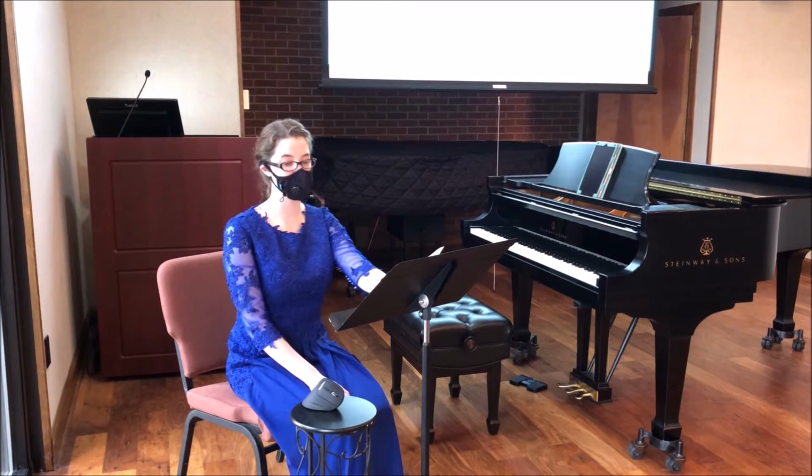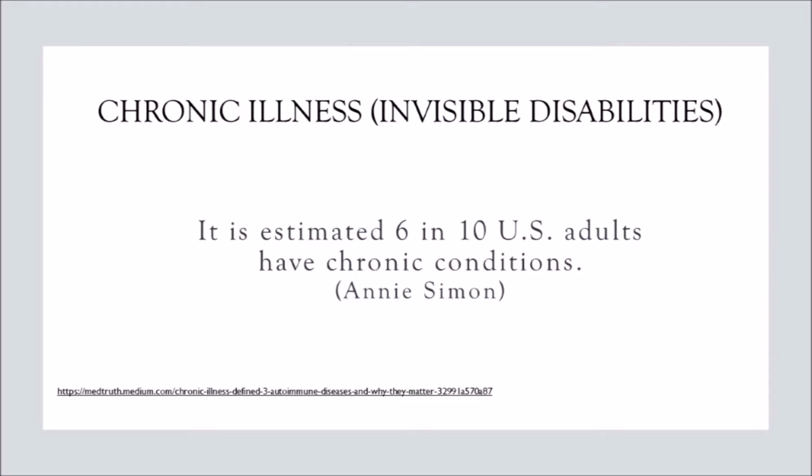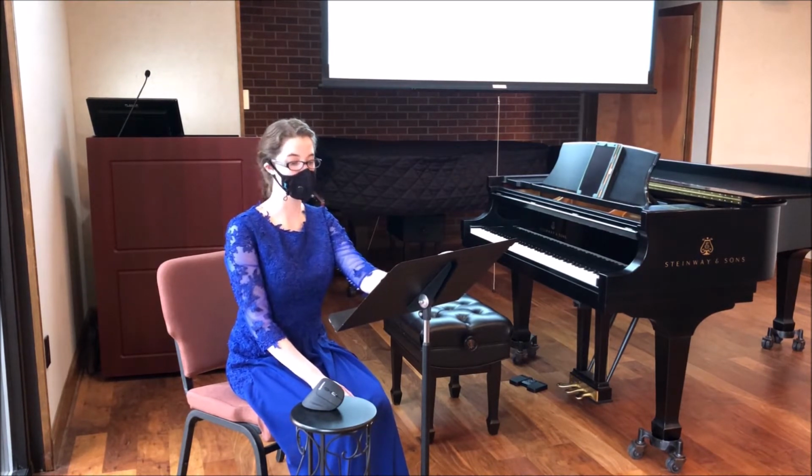Chronic illness can also be rooted in genetic mutations. According to medtruth.com, it is estimated that 6 in 10 US adults have chronic conditions. So if there are 30 people here tonight, then percentage-wise, that means 18 of you would deal with a chronic condition.